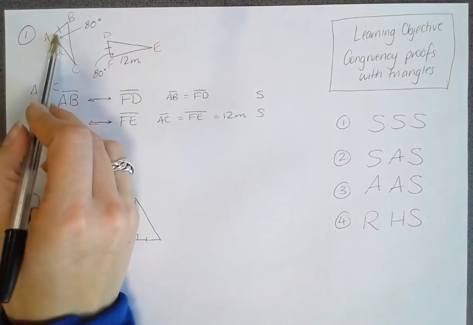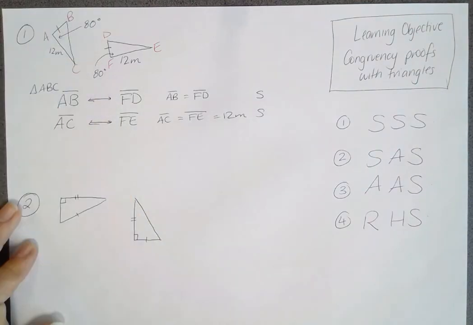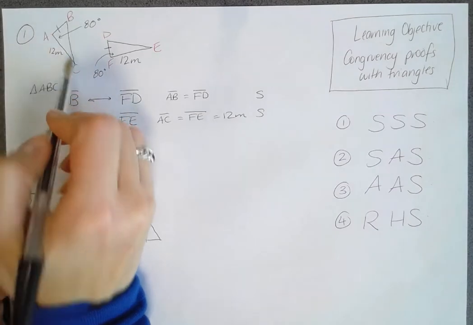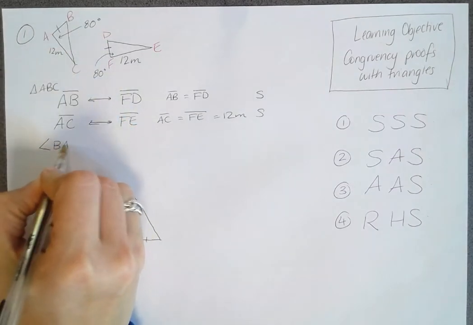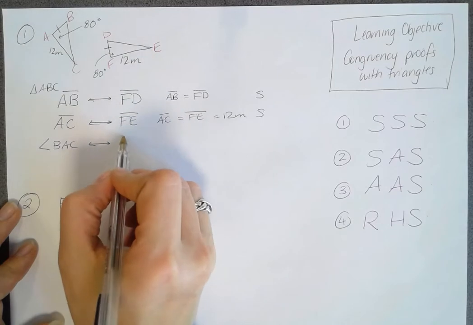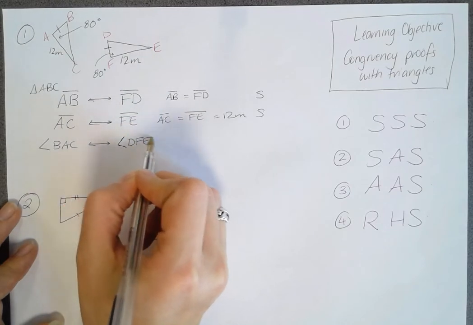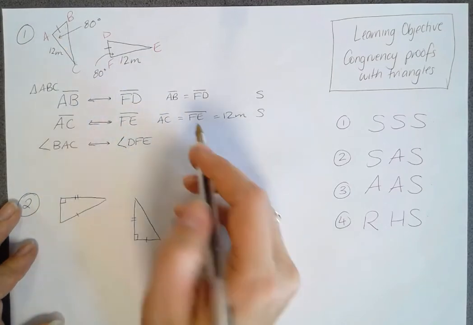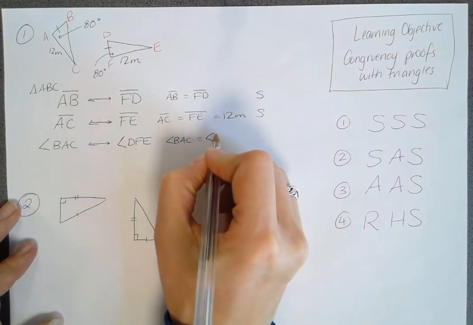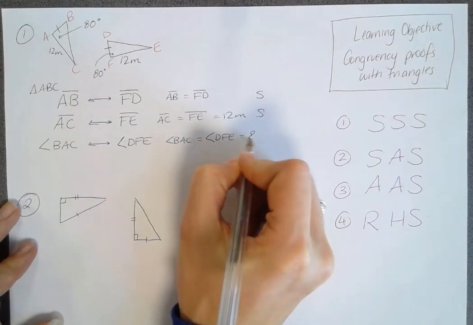We do have an angle given here. That angle is angle BAC, and it corresponds to angle DFE. And we can see they are both 80 degrees. So angle BAC is equal to angle DFE, which is 80 degrees.